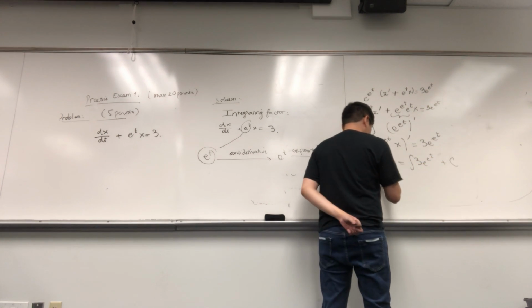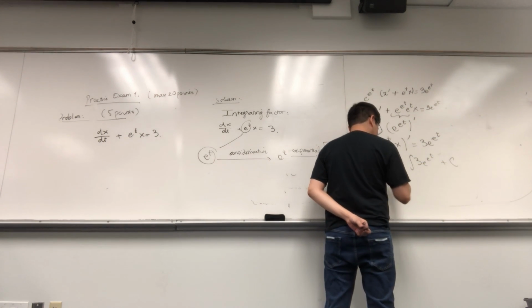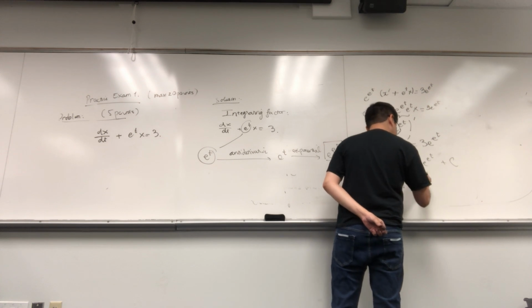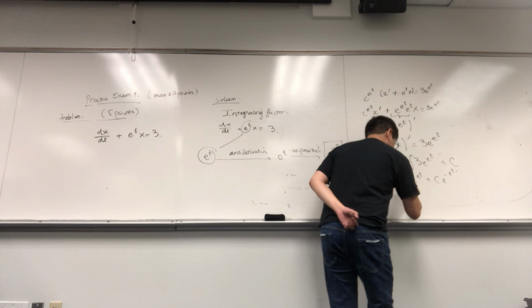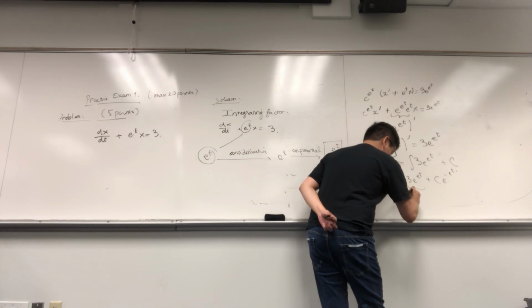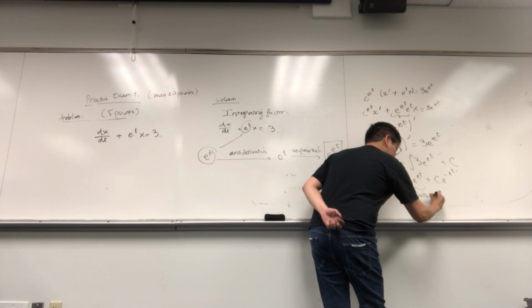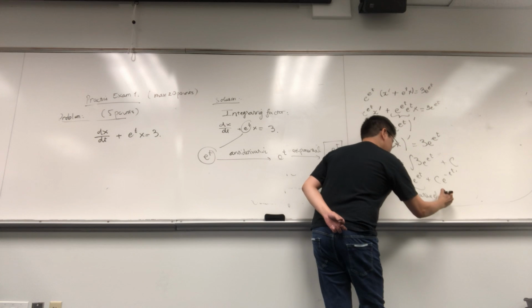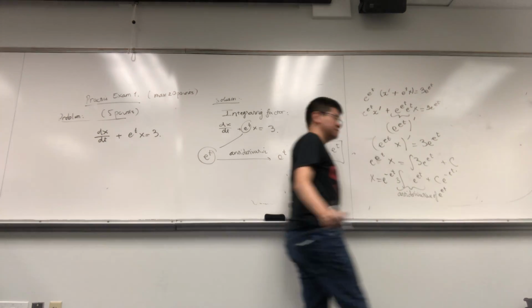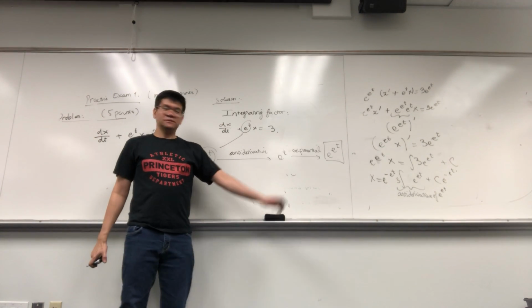So x will be e to the power of minus e to the t, times the antiderivative of 3e to the e to the t, plus c. Right?